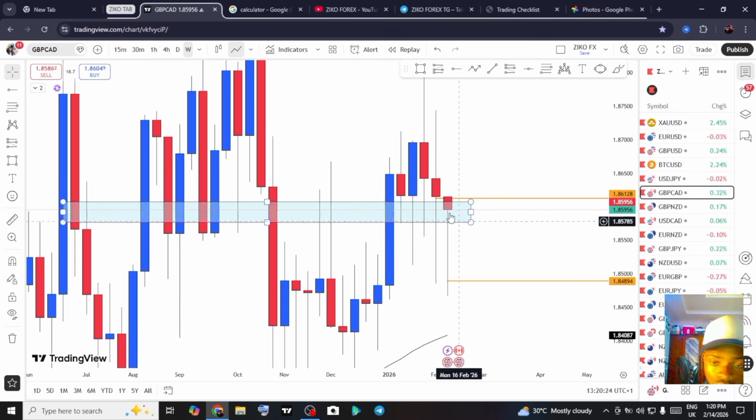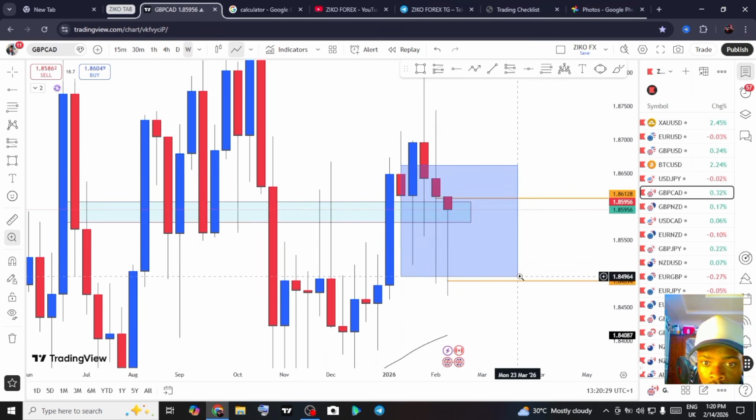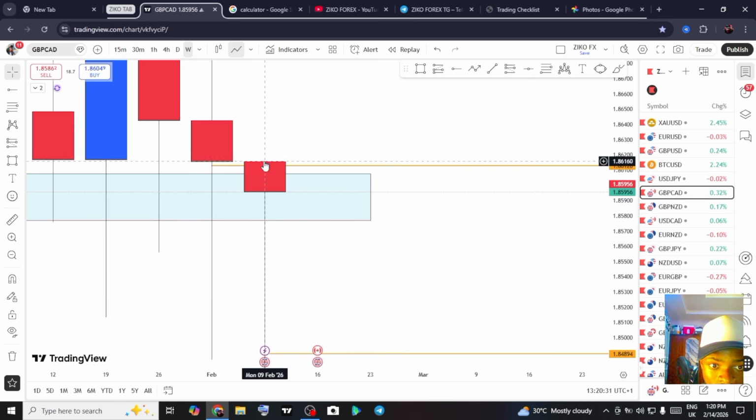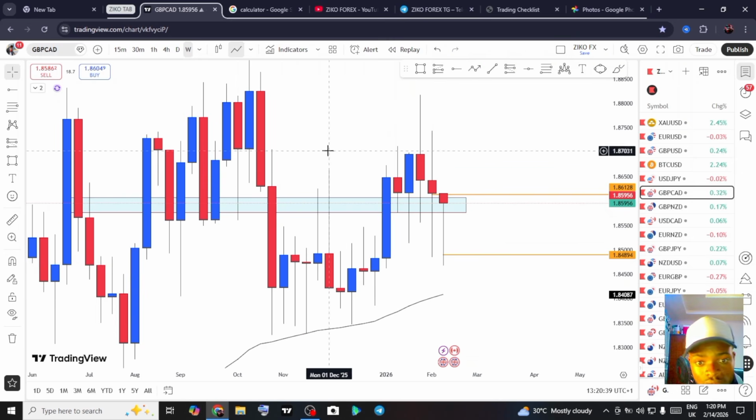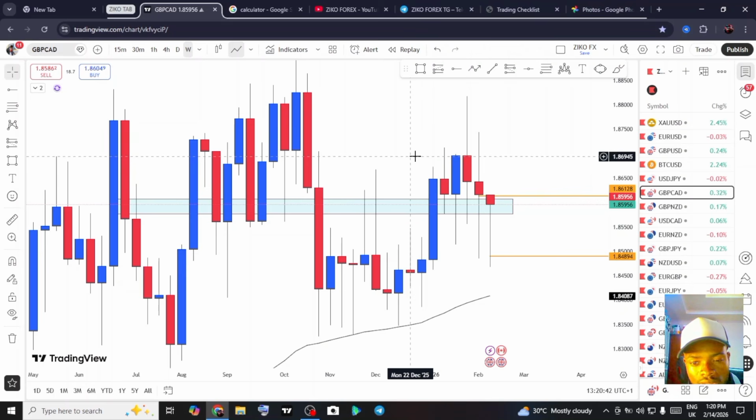Let me come closer to show you guys. If I come closer, you can see we don't even have a wick to the top. It's very likely that price will actually reject to the upside, right? That's what the weekly is telling us. So I am not very much interested anymore because of what I've seen.